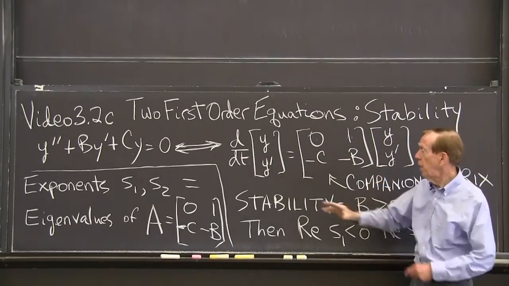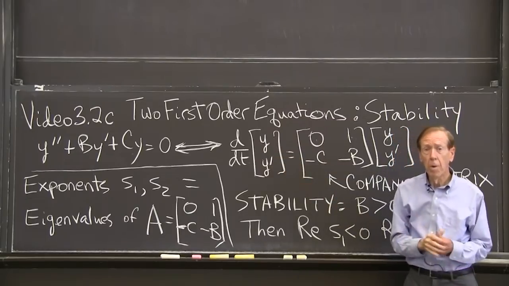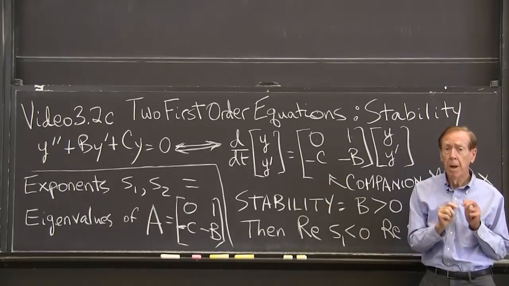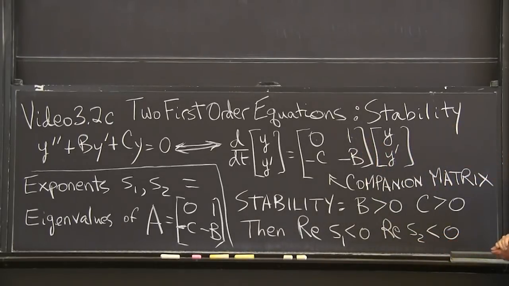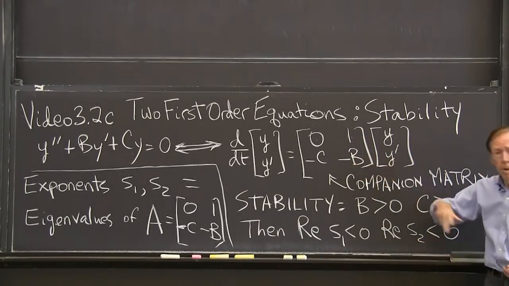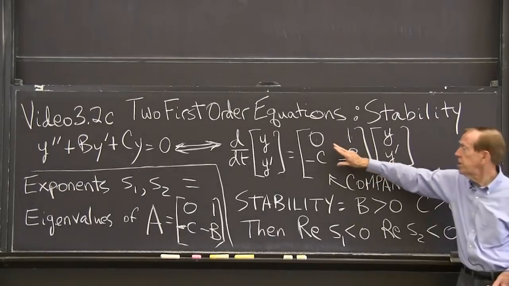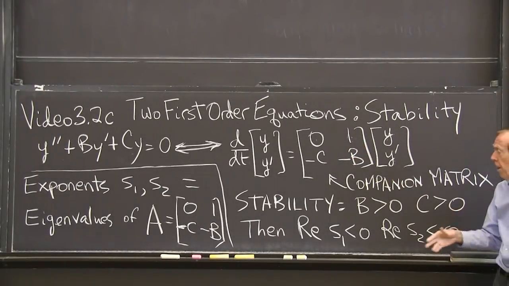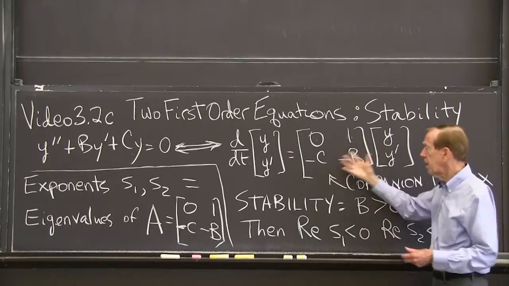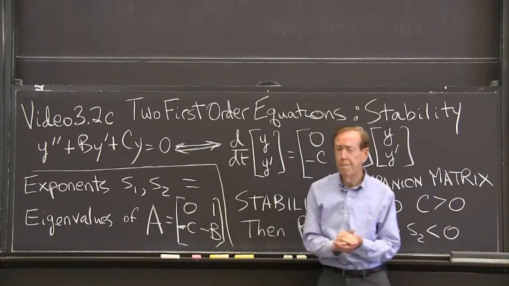It's just written with a vector unknown. It's a system of two equations. And it's got a 2 by 2 matrix. And this particular matrix with a 0 and a 1 is called the companion matrix. So this is the companion equation to that one.